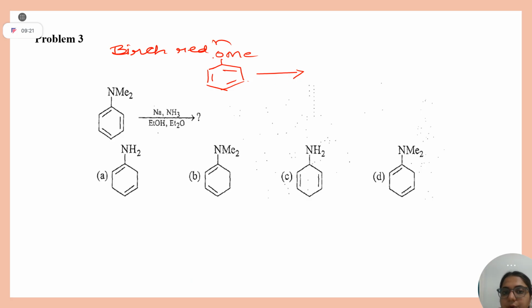Okay, this OMe is an electron donating group, right? You all know that sodium is a metal, and metal in the presence of ammonia will do what? It will lose one electron, right? So first a radical will form. Why am I making this radical?